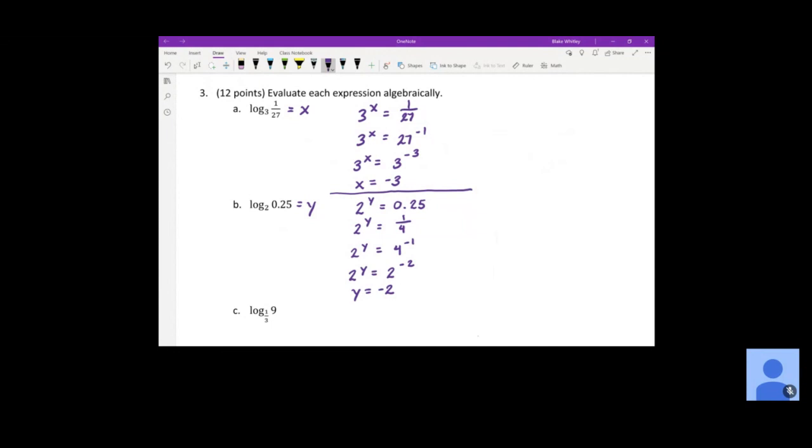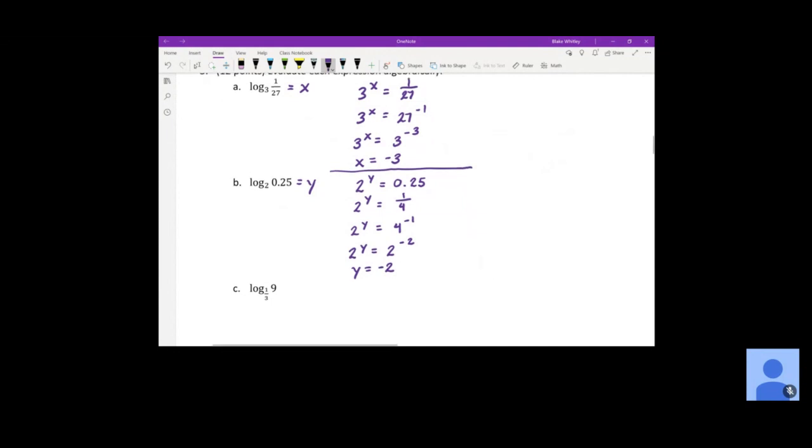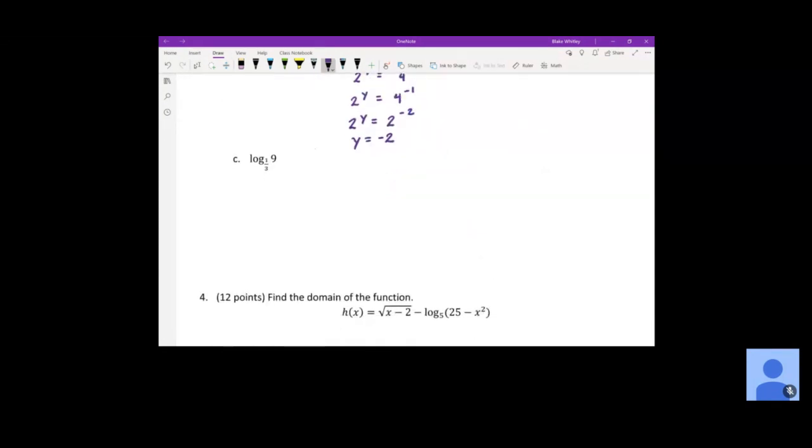All right, let's look at part C. And so again, I'm just going to use a different variable here, so I'll call it z. So how are we going to rewrite this one in exponential form?